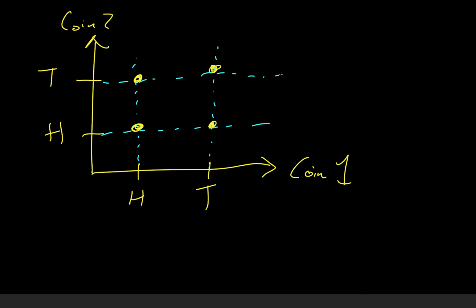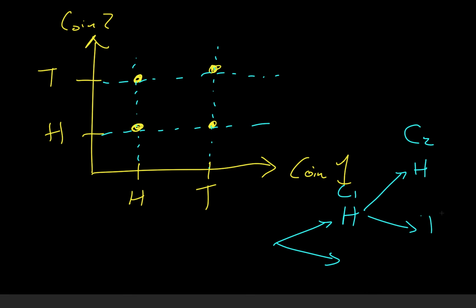Okay? Now it wants us to show it with a tree diagram as well. So we can start with, we got heads on the first coin. So it's like C1. And then from there, when we go to C2, you could have got heads again, or maybe you got tails. On the original coin, maybe we got tails.